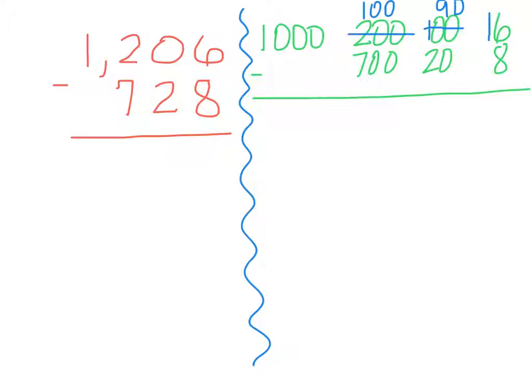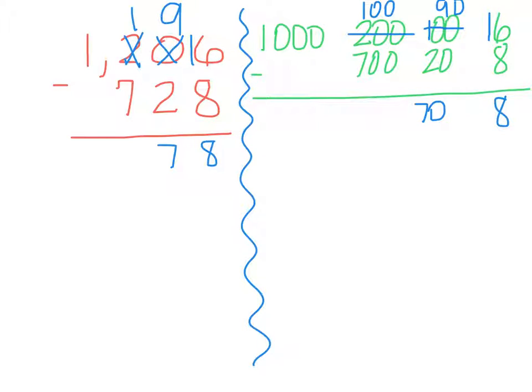Over on the left, we make this a 9, and if I made that a 9, I have to make this a 1. You saw over on the right why I had to do that. So 16 minus 8 is 8. Now I can do 9 minus 2, or 90 minus 20. It's going to give me 70, or 7 in the algorithm.